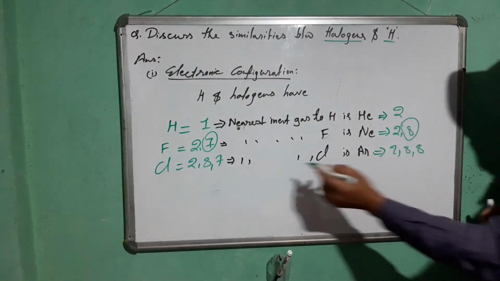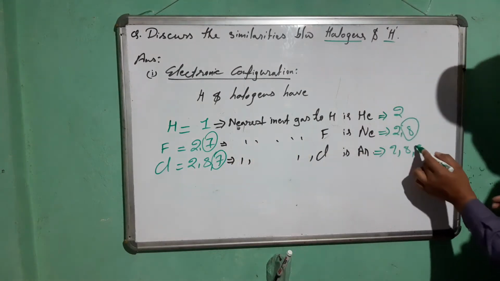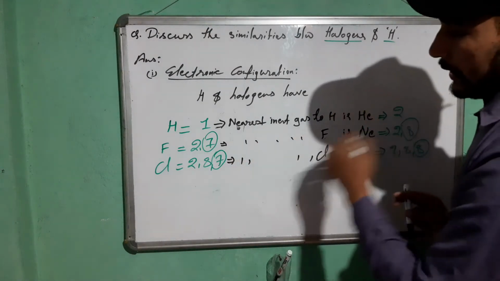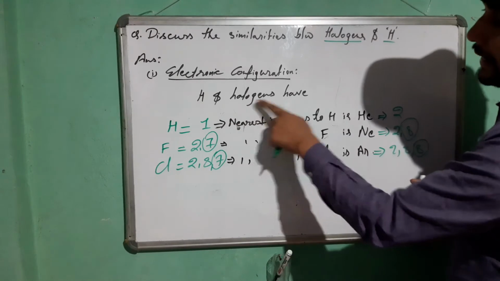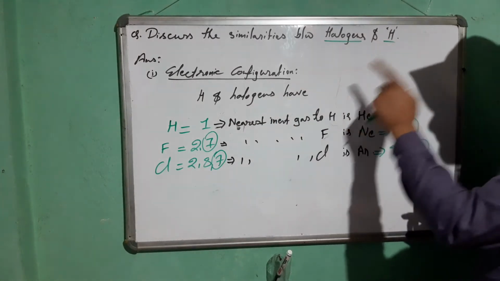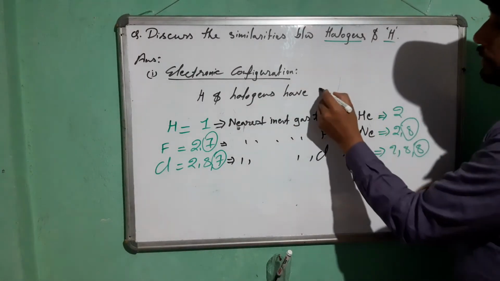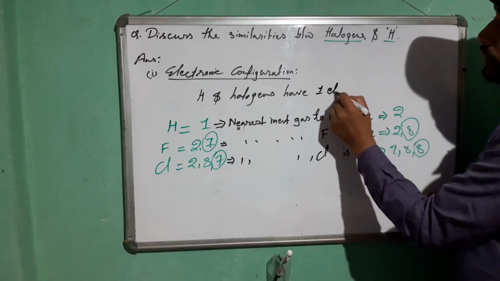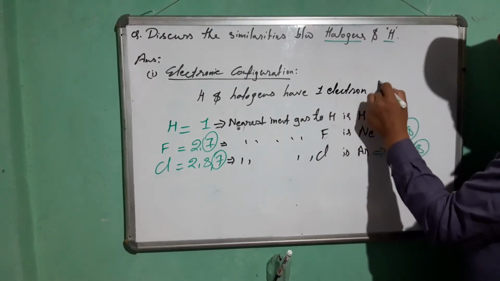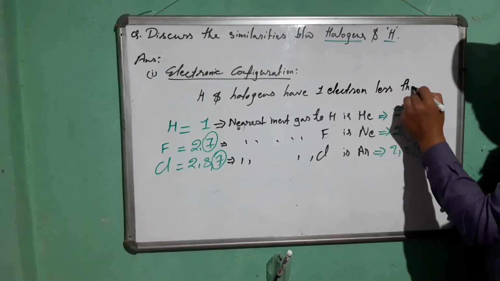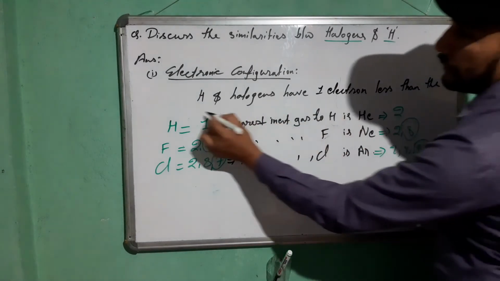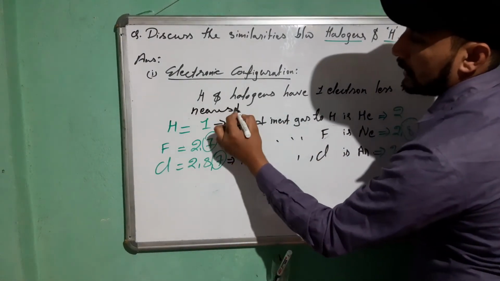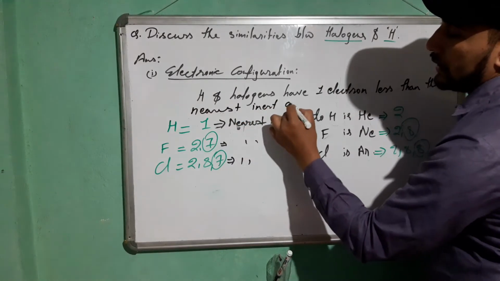Similarly, here 7, here 8, there is 1 electron less in this case. So hydrogen and halogens have 1 electron less than the nearest inert gas.